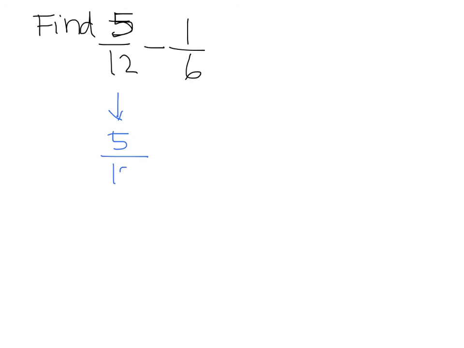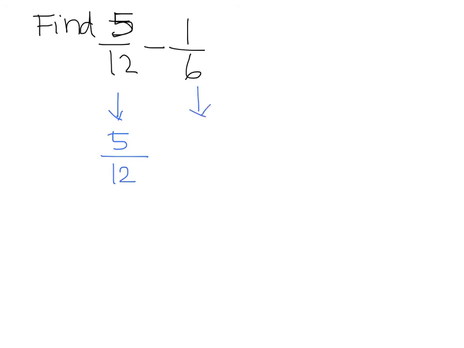Okay, second example, so this is not a word problem, we just want to find what 5/12 minus 1/6 is. Now, are 6 and 12 multiples of each other? Yes. Count by 6s and you run into 12. So do I need to change 5/12 into anything? No, it stays the same. It's already in 12ths.